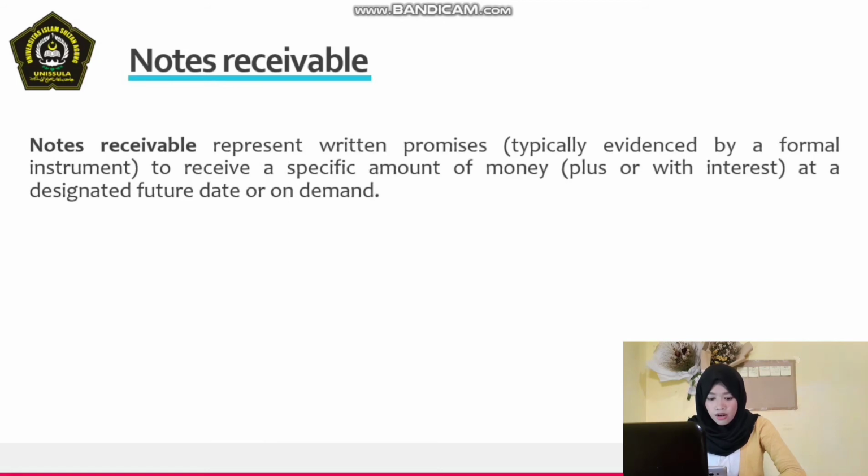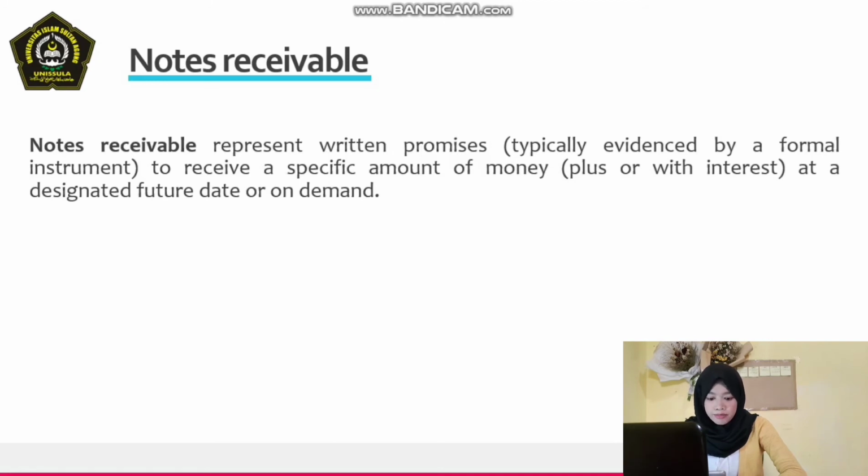The borrower or customer promises to pay to the lender or company a definite sum of money, plus or including interest, at a future date, which is known as the maturity date, or the date on which the maker or debtor must pay the note's balance to the payee or creditor.